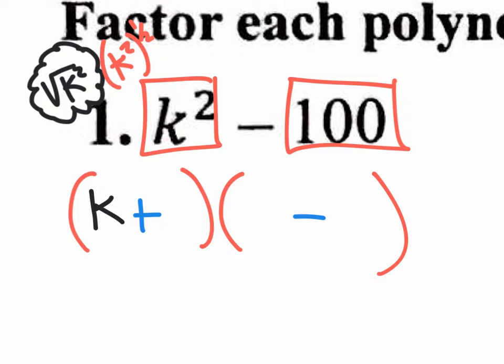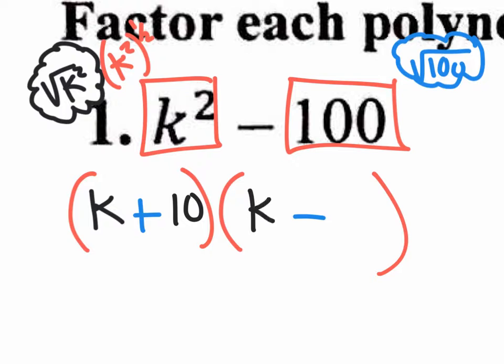And how about the square root of 100? If you were to think about the square root of 100, you'd get 10, right? So the trick is this, guys. If you have a perfect square term with a minus in between them, do the square root of one, do the square root of the other, and plug them into your answer format. So the square root of 100 is 10. And again, over here, the square root of k squared was k.